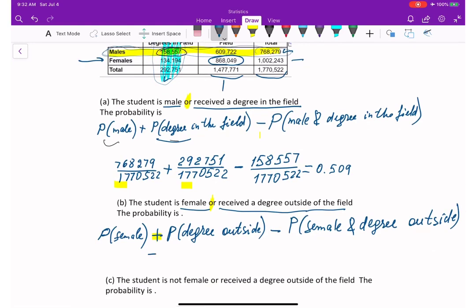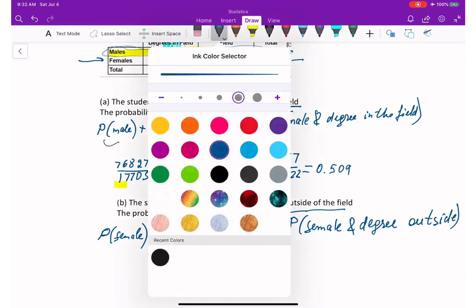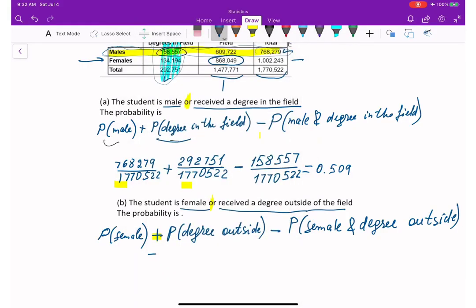So what do we have here? Let me bring this down before I start writing. Okay, so we have 1,002,243 over 1770522.